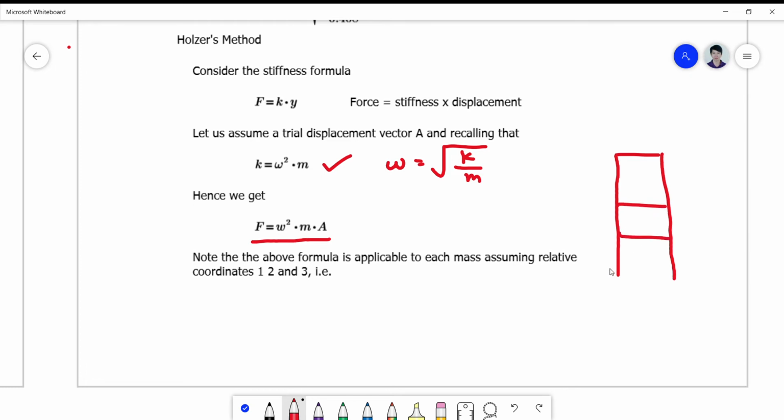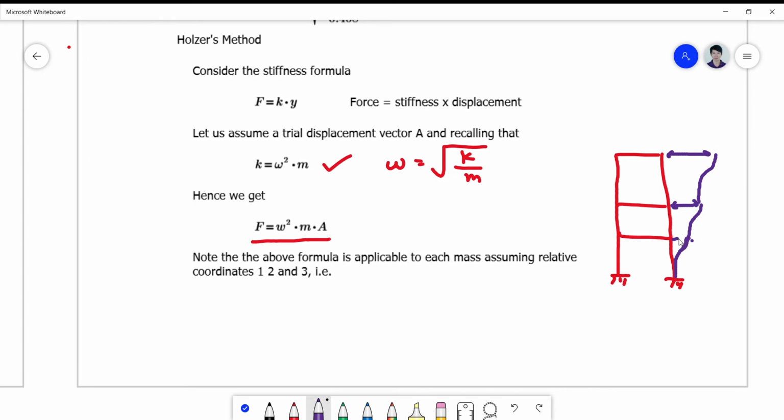So if we have here a 3-story building, okay, your displacement considered here are both the absolute and the relative displacement. Normally you call this the drift. Okay, so if this is your first story drift, and this is your second story drift, this is your third story drift, okay, your amplitudes are actually measured in the absolute form.